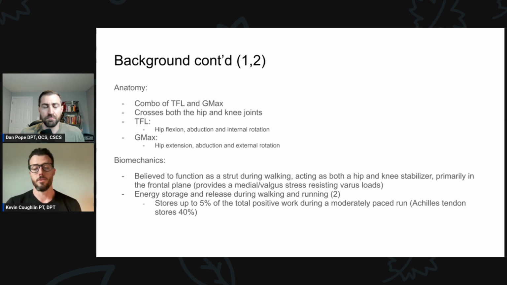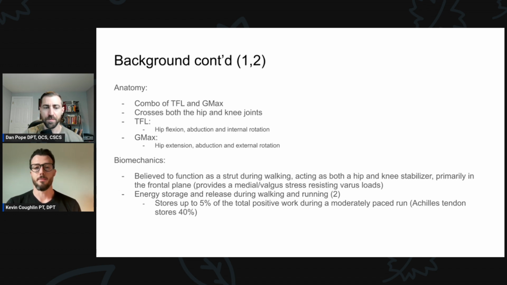It also, where it functions as a tendon, utilizes a lot of energy storage and release during running. So it stores and releases up to 5% of the total positive work at a moderate paced run. And just to compare that to the Achilles tendon, which is kind of the power tendon with running, that stores up to 40% of energy.